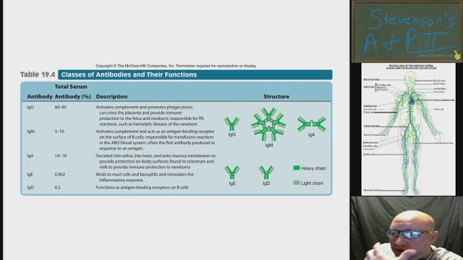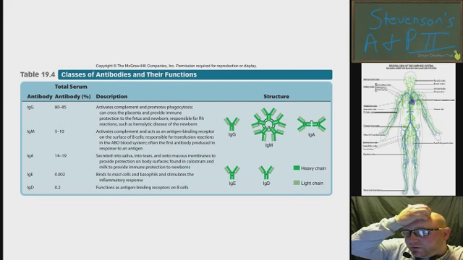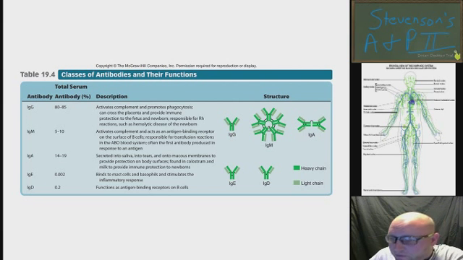It can cross the placenta and provide immune protection to the fetus and newborns. It's responsible for Rh reactions, so this is what triggers the RhoGAM response, the RhoGAM shot you need if you have an incompatibility of blood types in Rh.